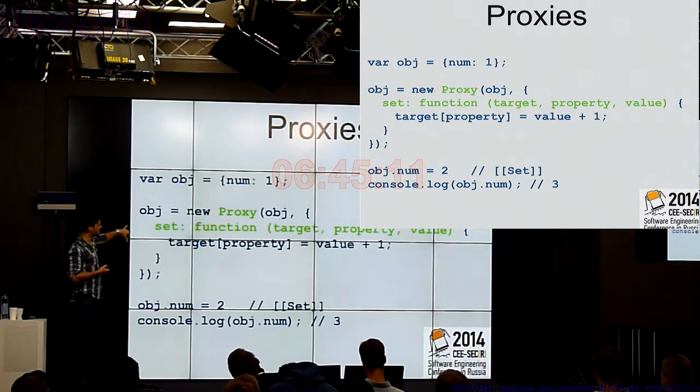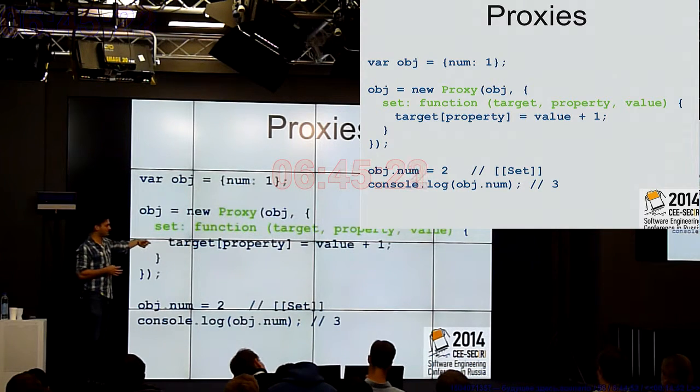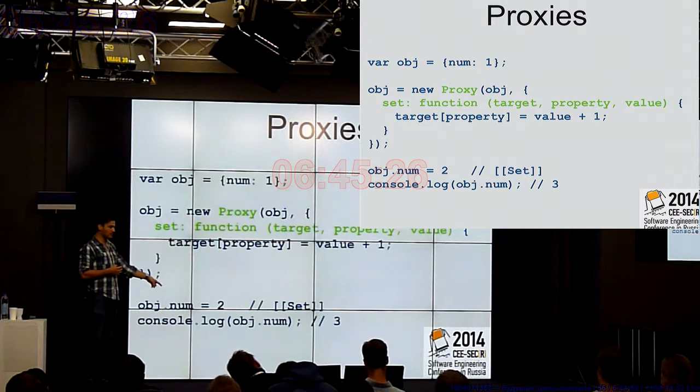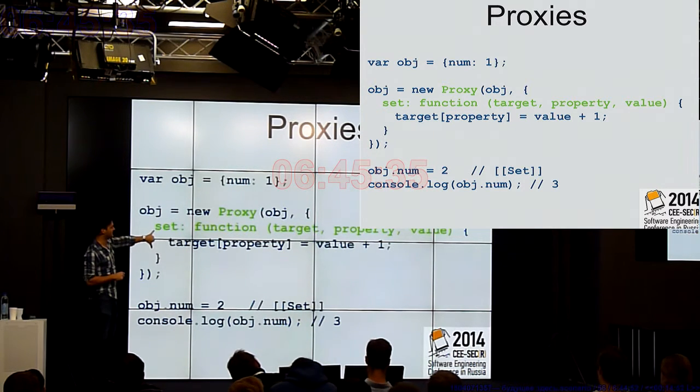Whenever you set a property on an object, this function gets triggered. When you do object.num equals, internally the compiler calls the set internal operation, and this maps to the set trap, and this function is called.